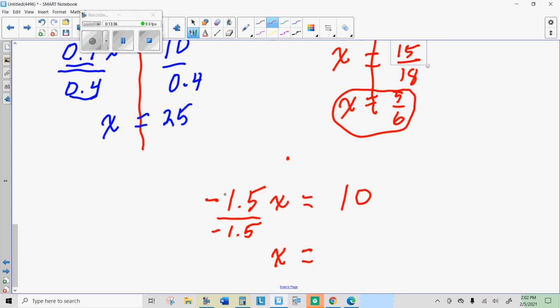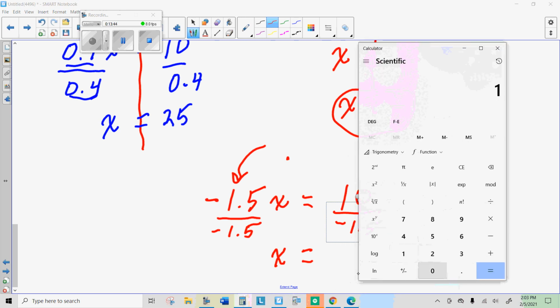So if you have a negative coefficient here, you want to divide by a negative. So I'm going to take my 10 and divide it by negative 1.5. And that equals negative 6.6 repeating.